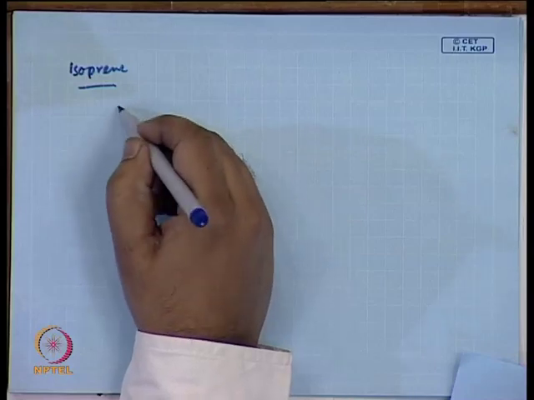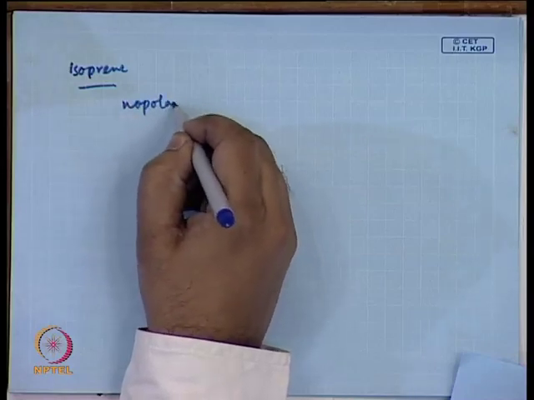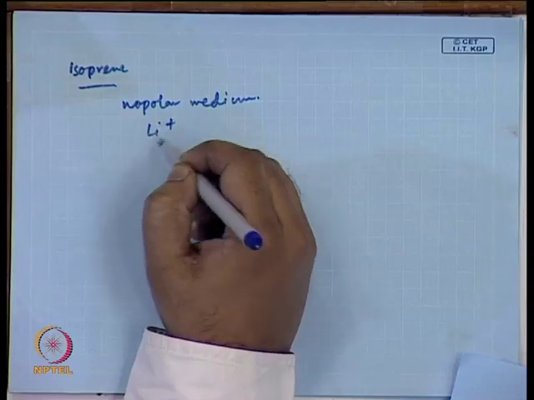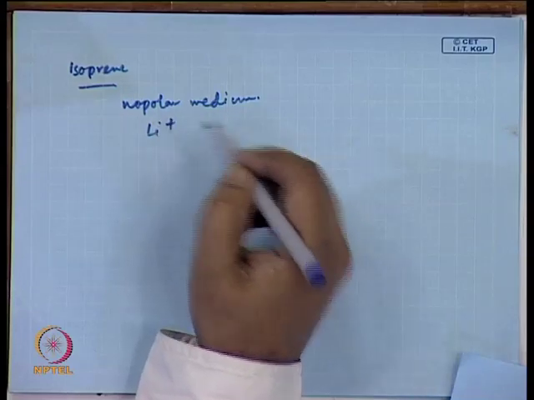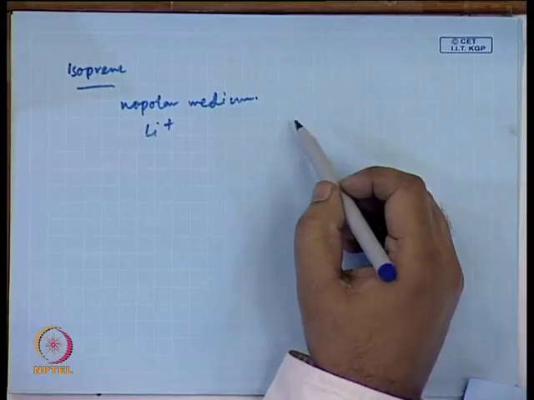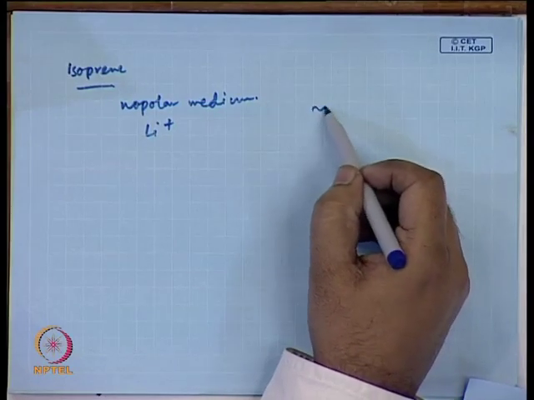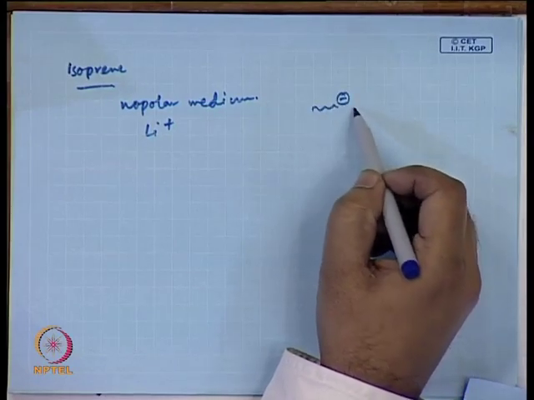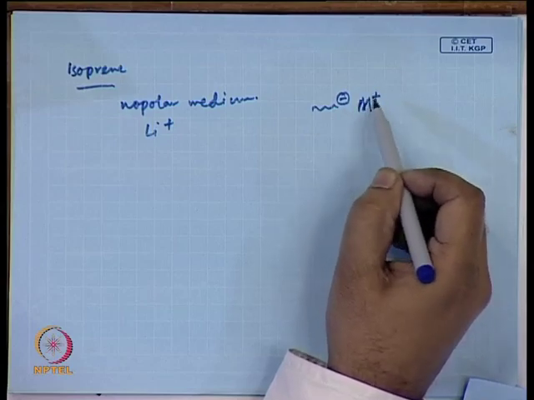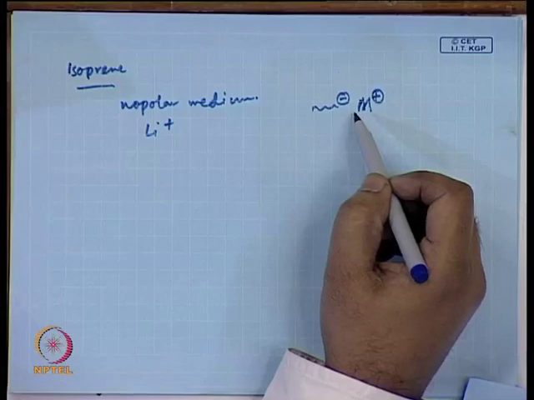If we do it in a non-polar medium and with a small counter ion, now we know from our knowledge about anionic polymerization that there is the anionic chain end and there is always a counter ion, say M plus. Now, they can exist in different states.